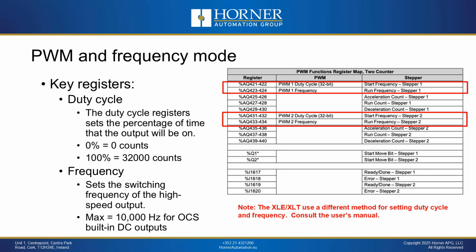And then to set the frequency of that output, that is just an integer in the case of an XL Prime, and you set that to typically a maximum of 10,000. Why 10,000? This is because the high-speed outputs built into the XL Prime series and the Micro series products typically max out at 10k in terms of frequency, so setting it higher than 10k is not going to do anything for you. It is just going to be on all the time. So you're going to set the frequency register to a value between 0 and 10,000 Hz.